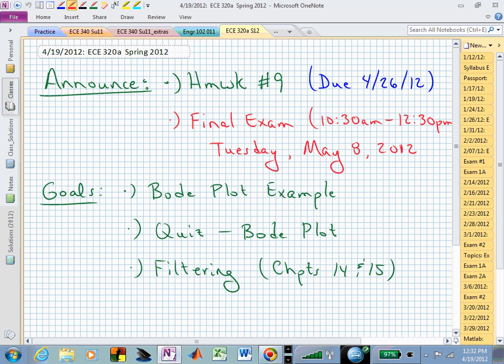Those create filters. And I think with the Bode plot material, you should be in a much better position to understand frequency response and how you could even design filters based on your knowledge of Bode plots. Meaning, well, we'll get to that point when we get to filters. Let's look at an example.